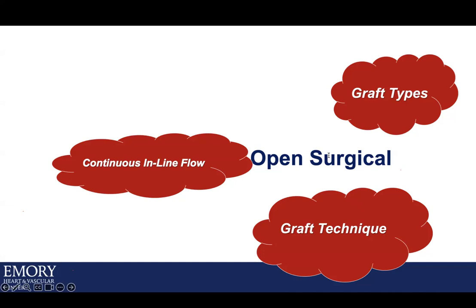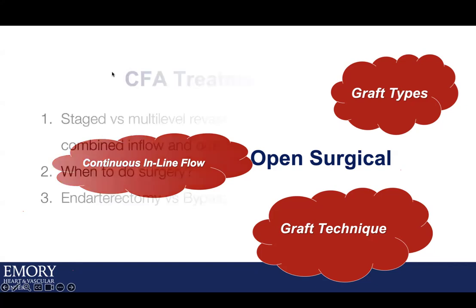The reversed, just as the name says, the whole vein is taken out and flipped upside down and anastomosed so that the flow can pass through the venous valves. And then the non-reversed, the vein is taken out, the valves are destroyed, and then the grafts are sutured. There is really no strong evidence to support one technique over another, but these are things you need to think about when you talk about bypass surgery.